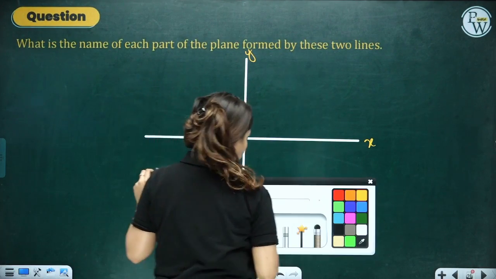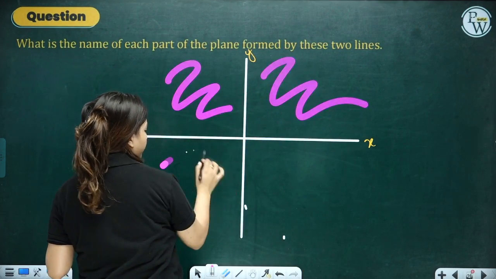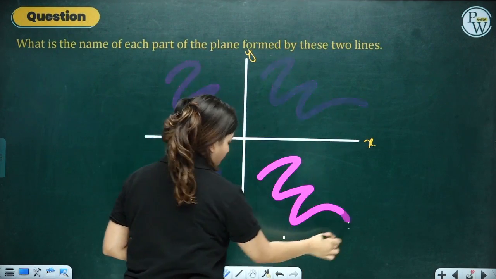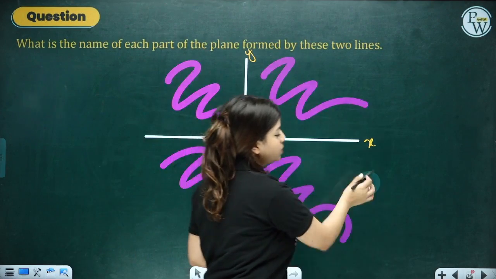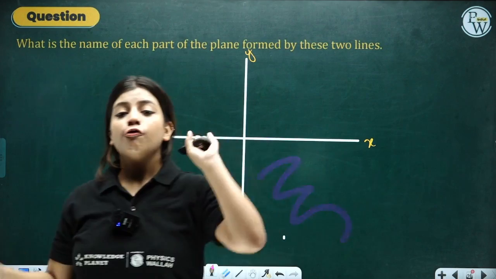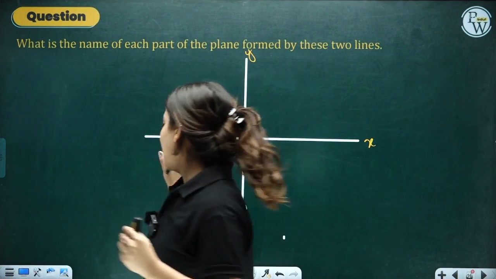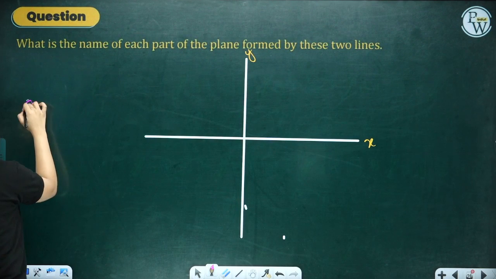And what are those 4 equal parts, student? One is this one, other one is this part, third part and the fourth part. So these two axes have split the whole plane into what? 4 equal parts, and these 4 equal parts are known as your quadrants.